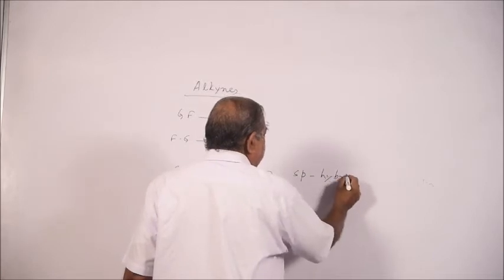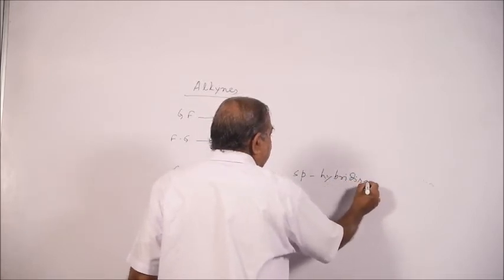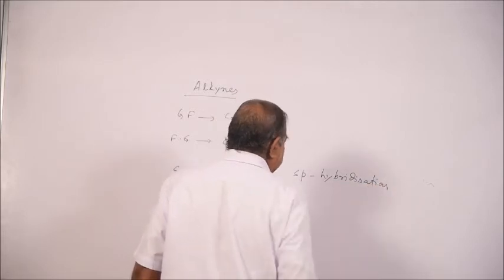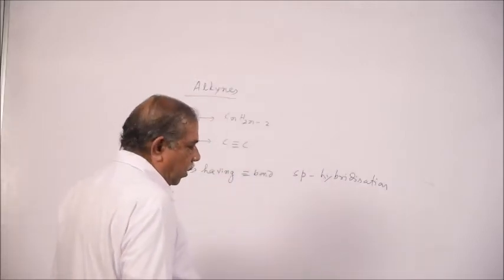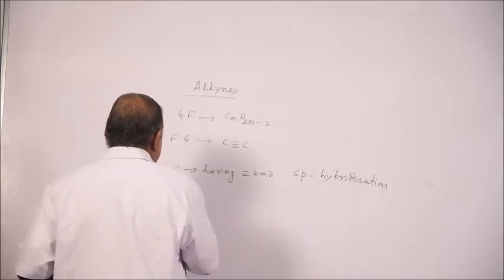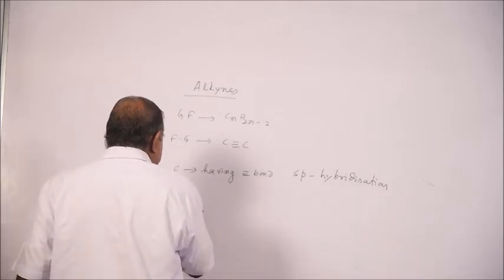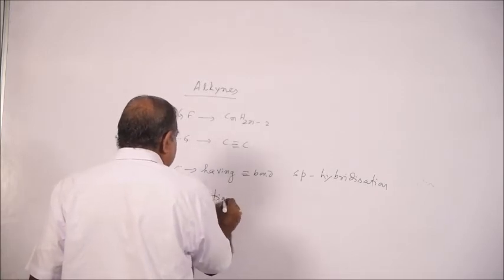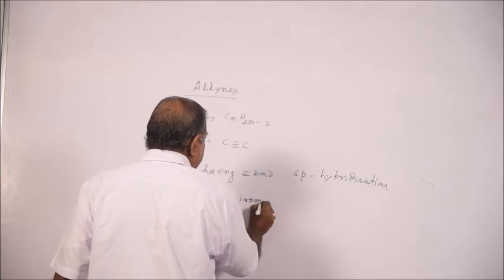Remember, this is important, hybridization. If it contains only single bonds, sp3. If it contains a double bond, sp2. If it contains a triple bond, sp hybridization. And alkynes usually exhibit position isomerism.